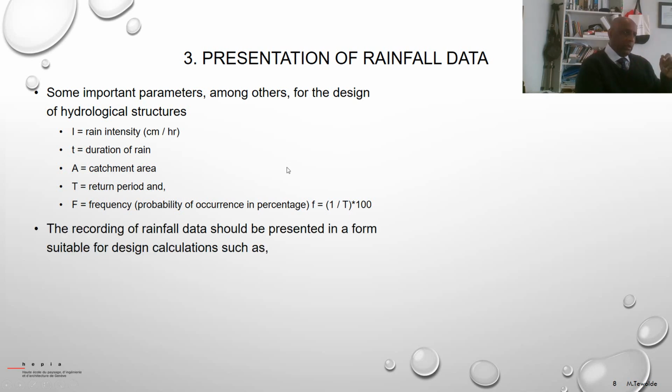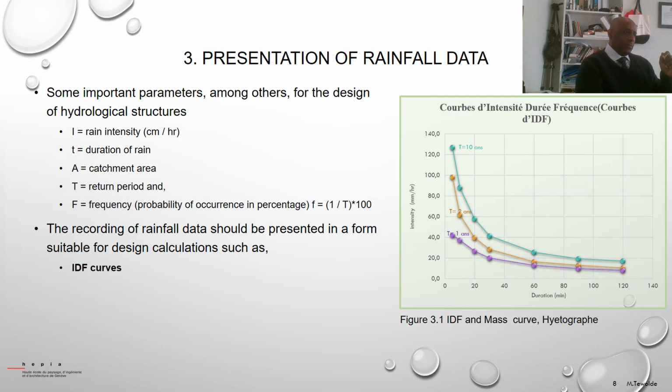For example, we can use an intensity duration frequency curve. Here we can see that for a certain period of rainfall, we can easily find the intensity of the rain, and for a certain return period, for example, 1 year, 2 year, 10 year.